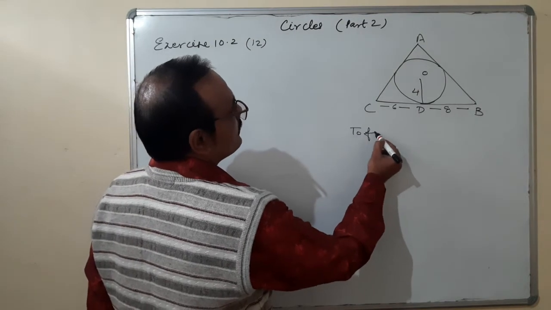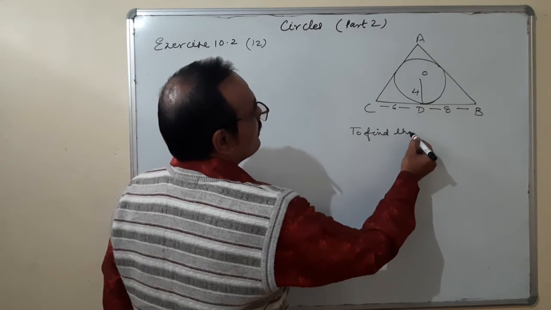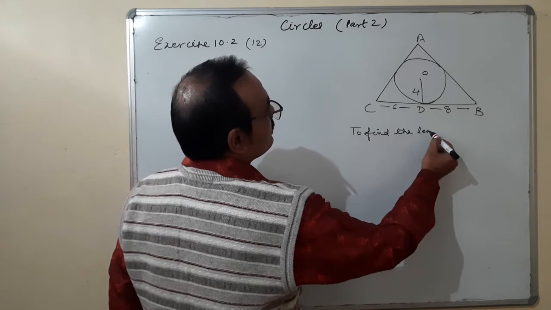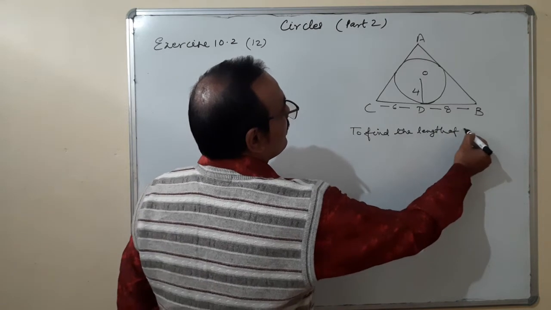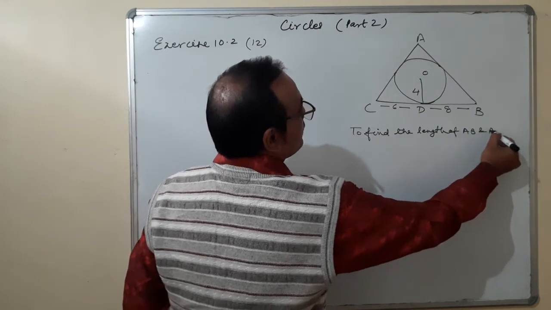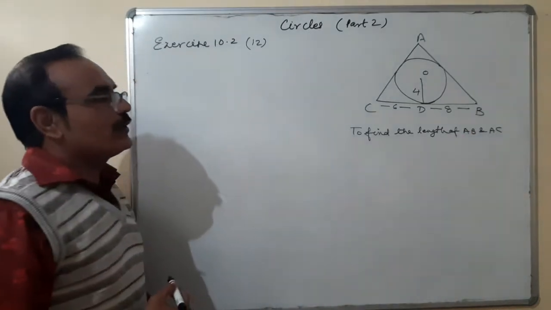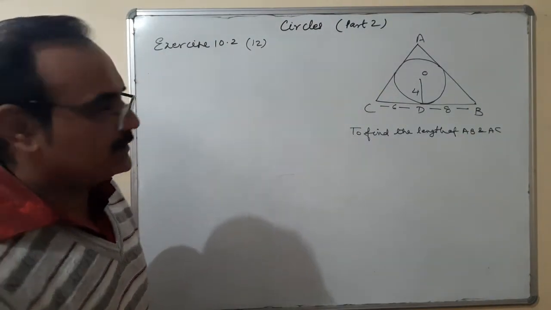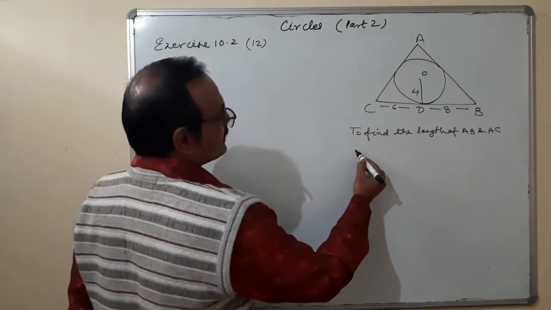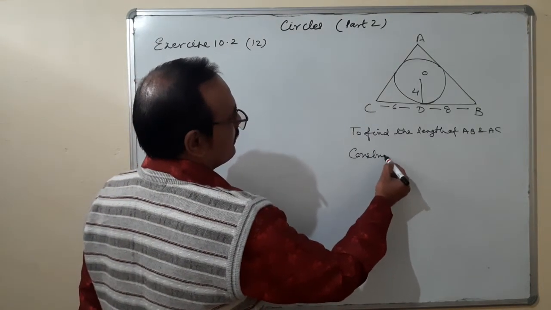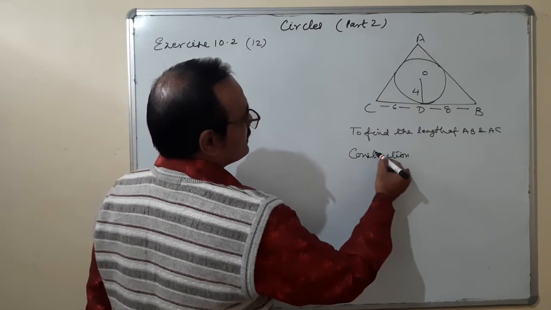To find the length of AB and AC. We are going to find the length of AB and AC. Construction is required here. Yes, construction is required.